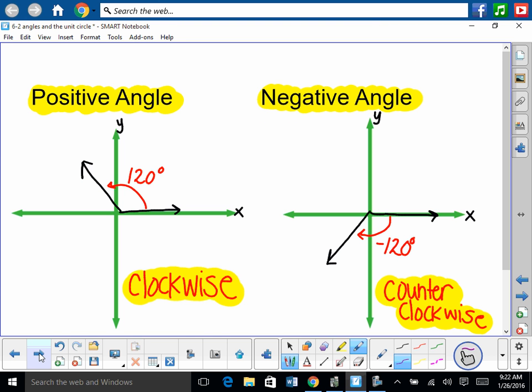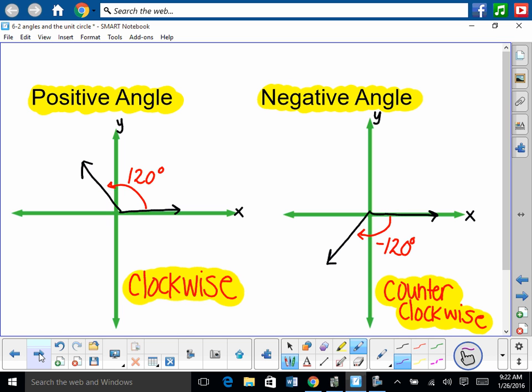Okay. So a couple of things you have to understand. You can have positive and negative angles. Positive angles is if you're moving clockwise. So if we have this angle being made here going clockwise, it's positive 120 degrees. Does everybody see how going around this way makes it positive 120 degrees? And then if we were to start here and our terminal side swings down counterclockwise, meaning underneath, so now we have an angle created coming from underneath.